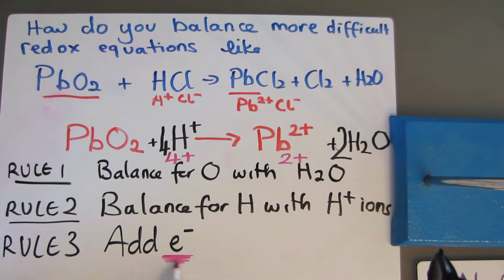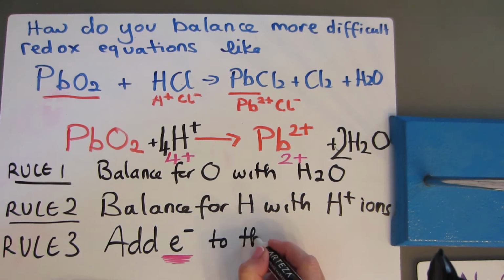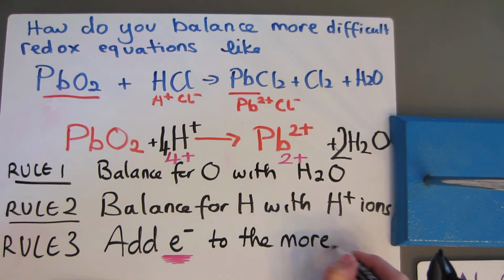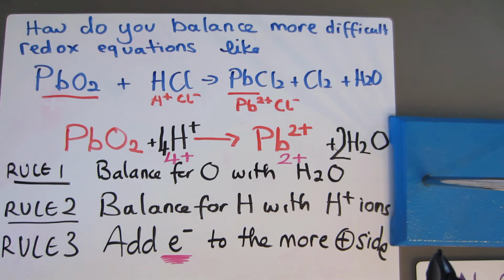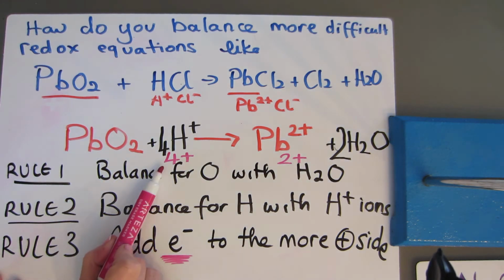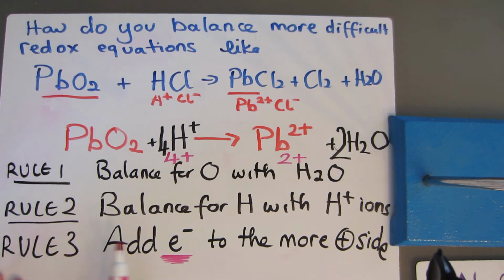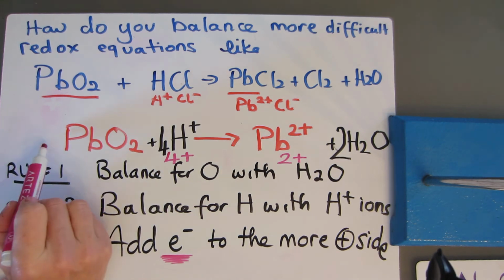Electrons have a negative charge. So where will you always add electrons? You add electrons to the more positive side. So which is the more positive side? Here. How am I going to make 4 plus into 2 plus? A little bit of maths.